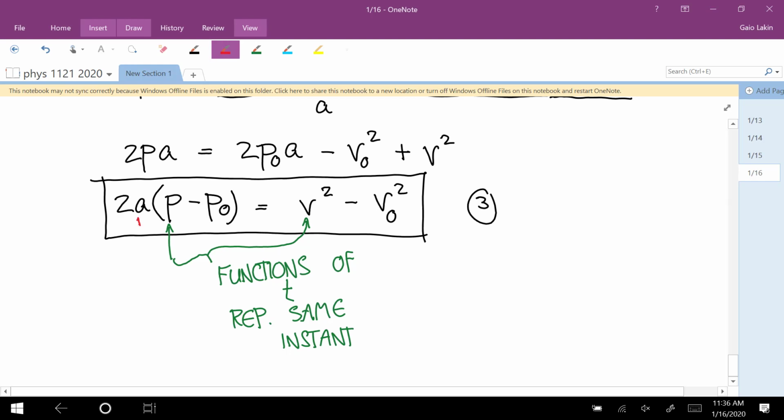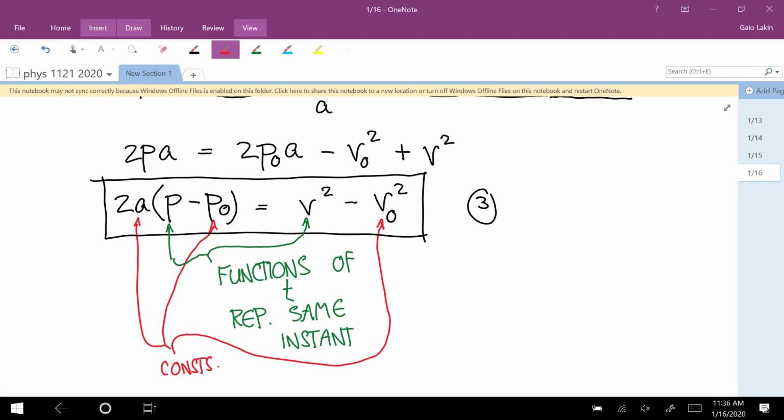And then this and this and this are constants.